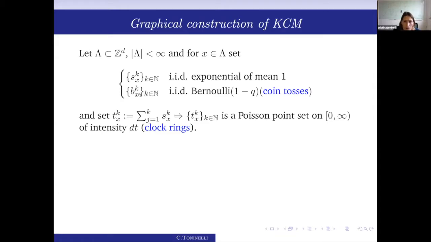So these are what I call the coin tosses. And then the times at which the clock rings that I was referring to before correspond to, for each given site, the kth time at which the clock at site x rings, to the sum up to k of these IID exponential variables.